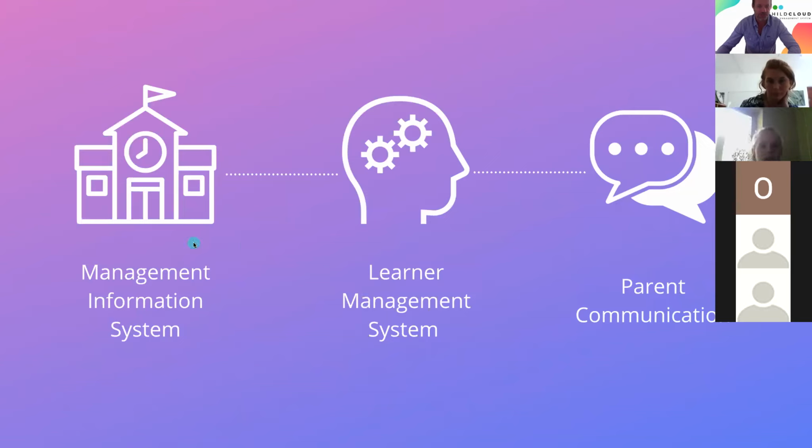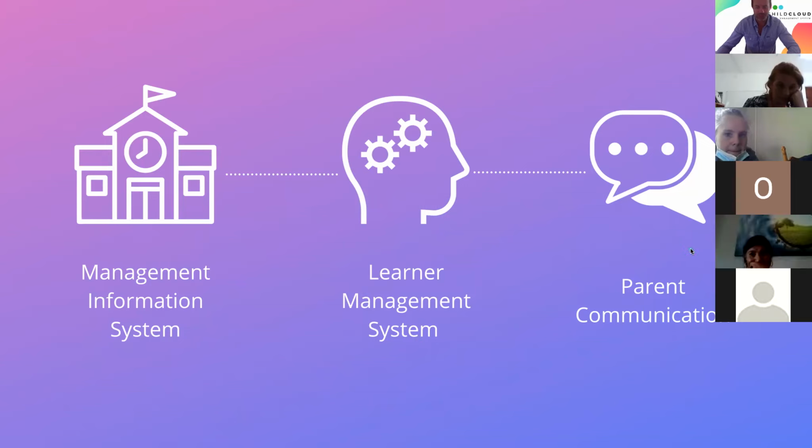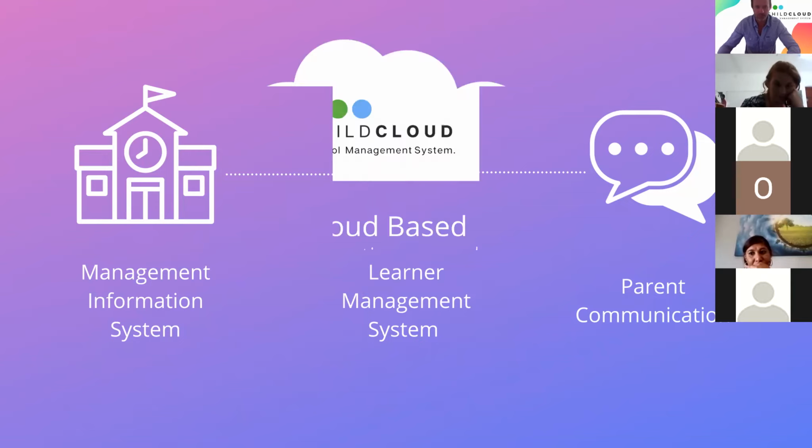There's the management information system, where you store the data of parents, students, and staff. There's a built-in learner management system, which we call the virtual classroom. And then there's the parent communication apps, which let you do push notifications, send out news, reminders, emails, and SMSs.